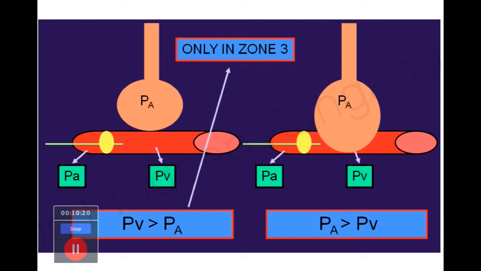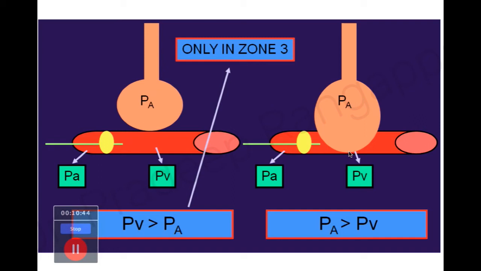so that it is a good reflection of the left atrial pressure. Suppose you measure your PA pressure here, as you see pulmonary artery pressure, because your alveoli is compressing. So this is an area which is possibly zone 1. Where your pulmonary artery pressure is more than pulmonary venous pressure, the reason is because the alveoli is interfering. It is compressing your pulmonary artery.